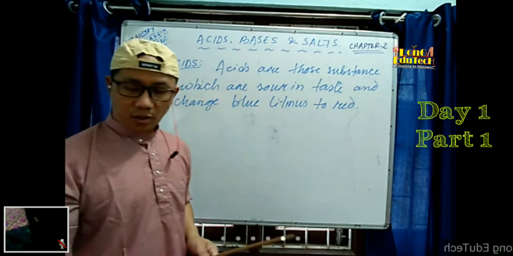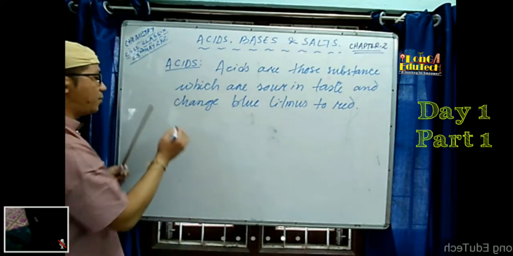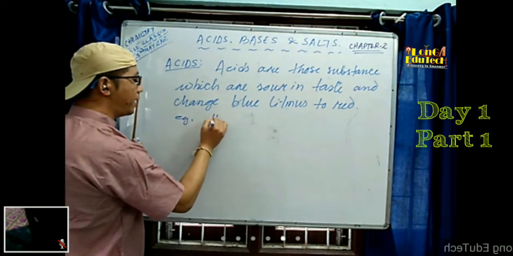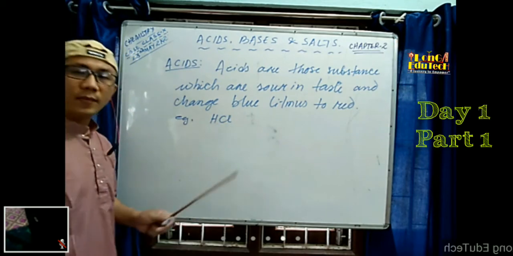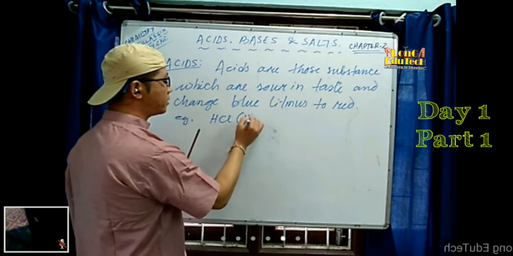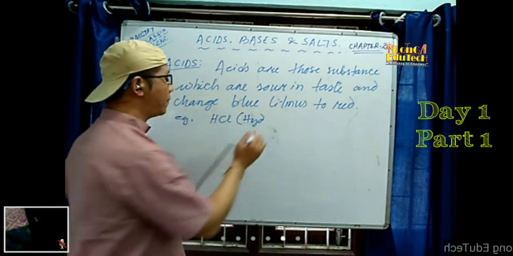Here these things also we have to know. Some examples of these acids are HCl, that is hydrochloric acid. This is very important, you have to know it along with the name.